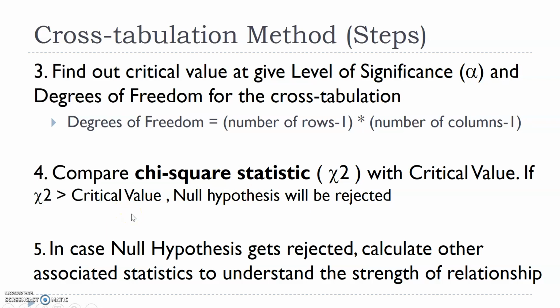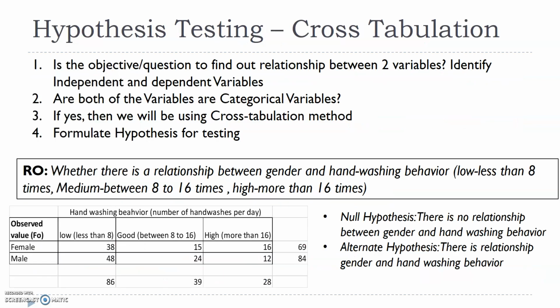Once the null hypothesis is rejected, there are additional statistics you have to calculate to find out the strength of the relationship, because the chi-square statistic only shows whether there is a relationship or not. I'll show you the other associated statistics we can calculate.